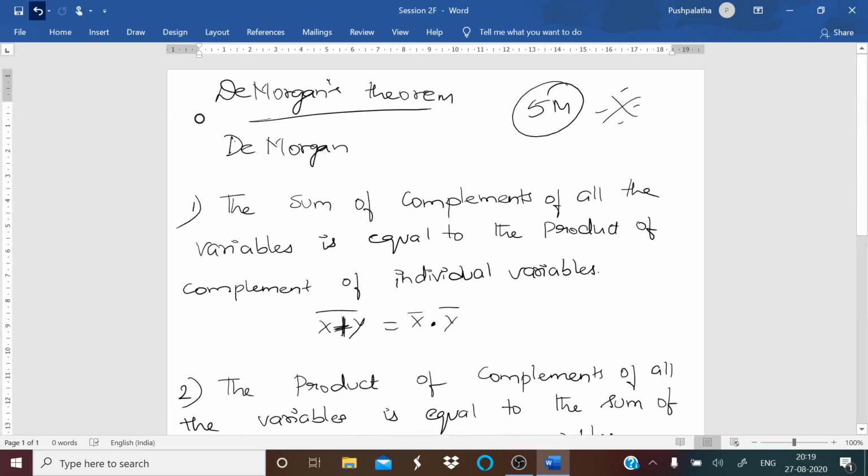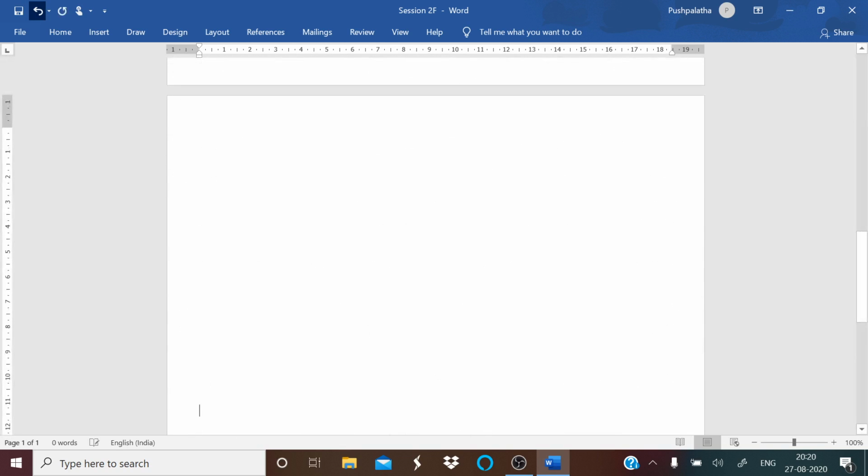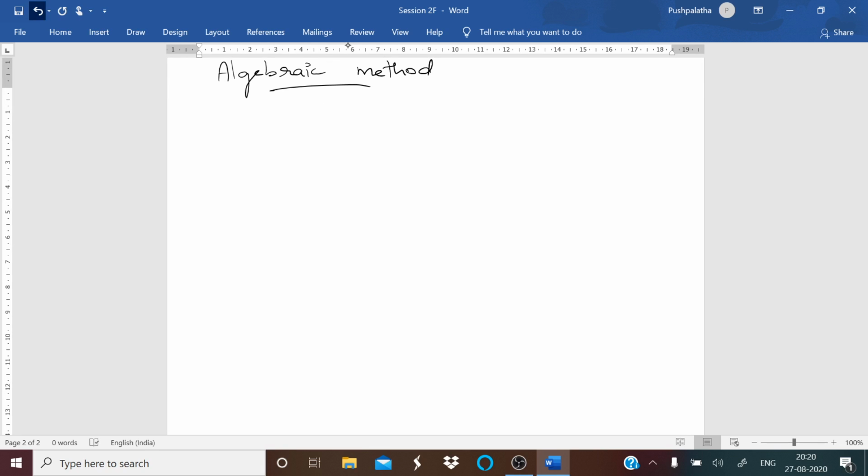So now let us see how to prove the theorem using your algebraic method. To prove this theorem, we are using the complementary laws.